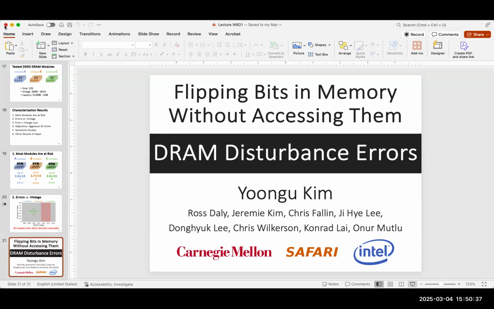If you write a loop that says read this address 10 million times, it will not lead to any injection of errors in the neighboring rows, because it's not alternating. Because you are not alternating, you are not able to repeatedly open and close the same row.